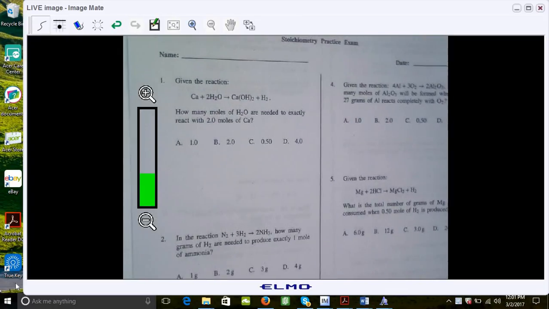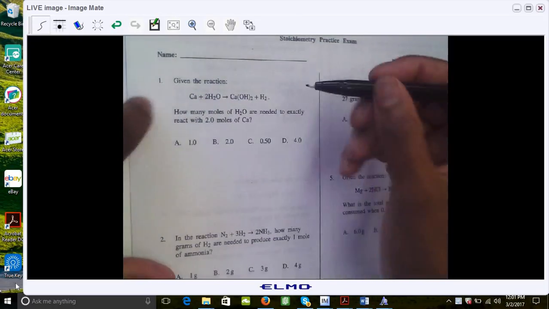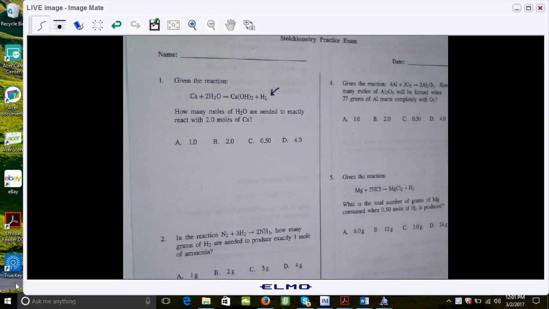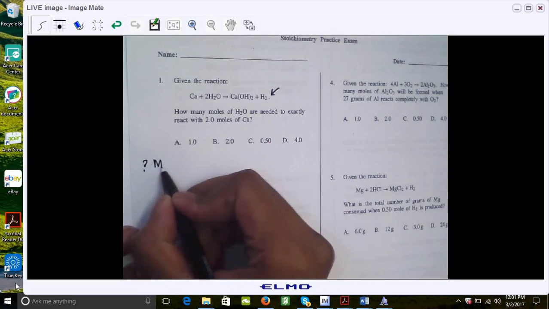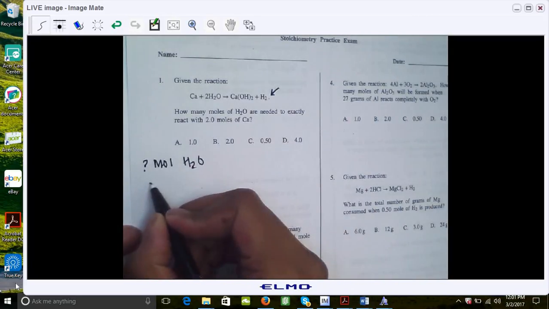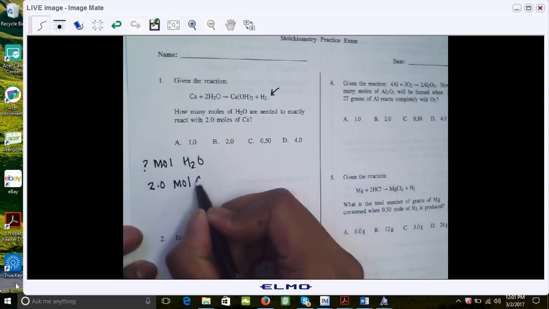Okay, so the first problem states, given the reaction, here's my reaction, and it is balanced. It says how many moles, so we want to know the moles of H2O, and we're given 2.0 moles of Ca.